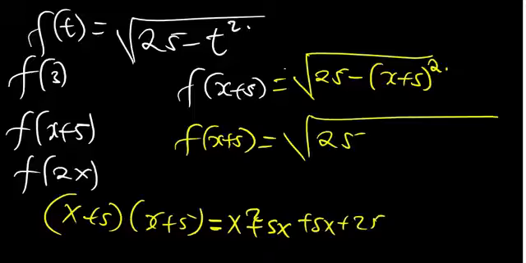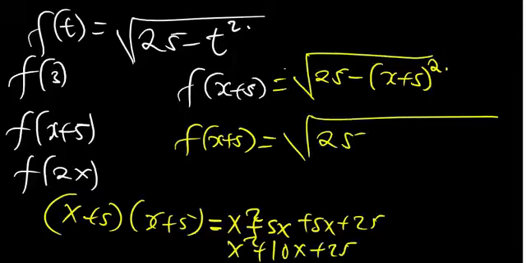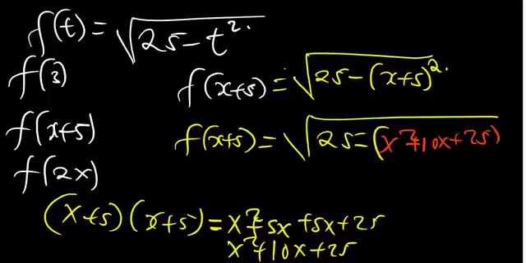This is the same as x squared plus 10x plus 25, because 5x plus 5x gives me 10x. So I'm going to have minus, and this negative is going to affect everything inside there. So we're going to have x squared plus 10x plus 25.